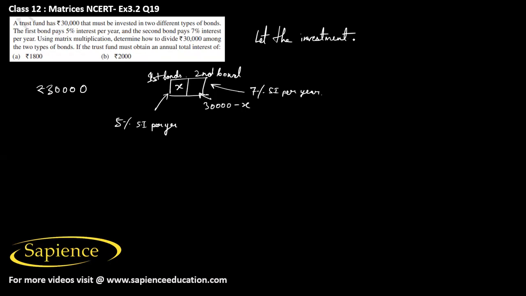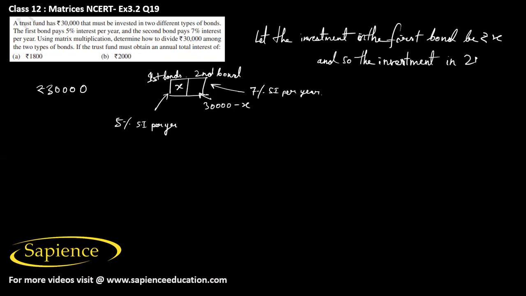So here we shall say that let the investment in the first bond be rupees X, and so the investment in the second bond will be rupees 30,000 minus X.